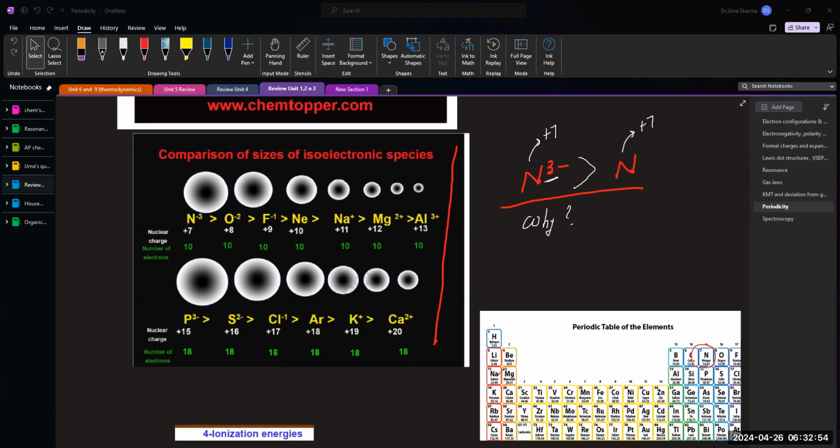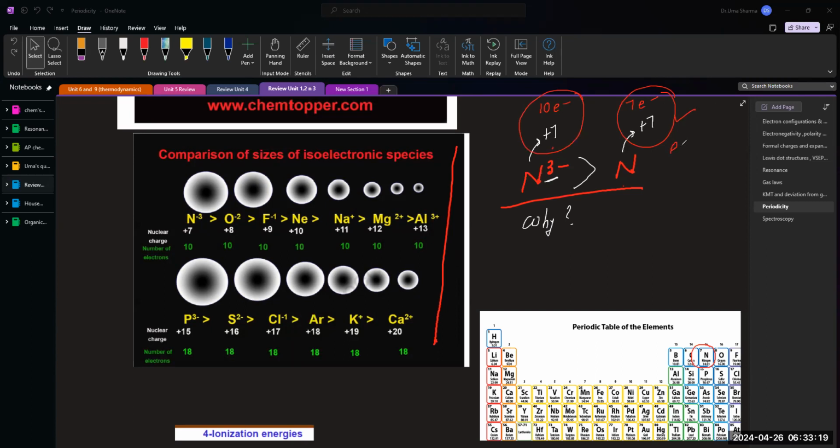Okay, you have to work hard, children. Both of them have this +7 nuclear charge. Yes. N3 minus has 10 electrons on +7. N has only 7 electrons. So in which case the effective nuclear charge is more here? The effective nuclear charge, not the nuclear charge, Ansara.